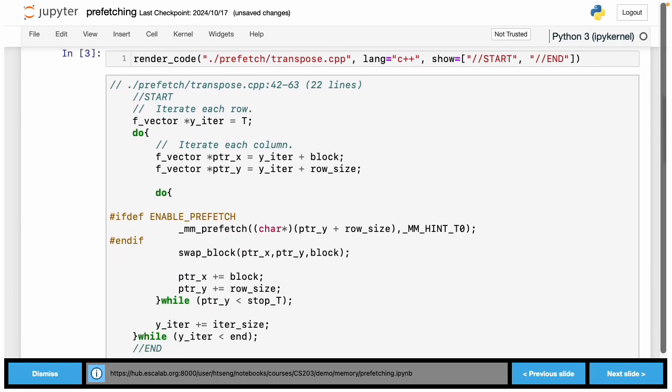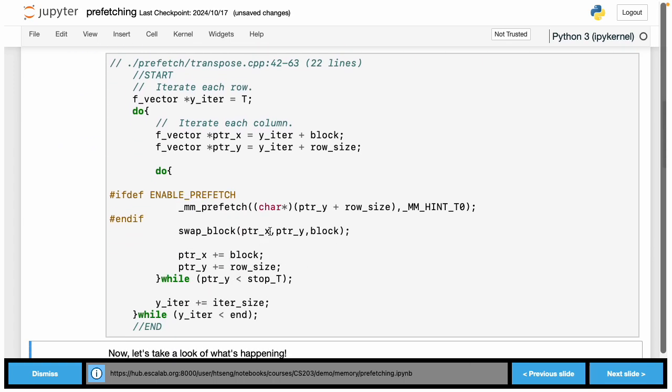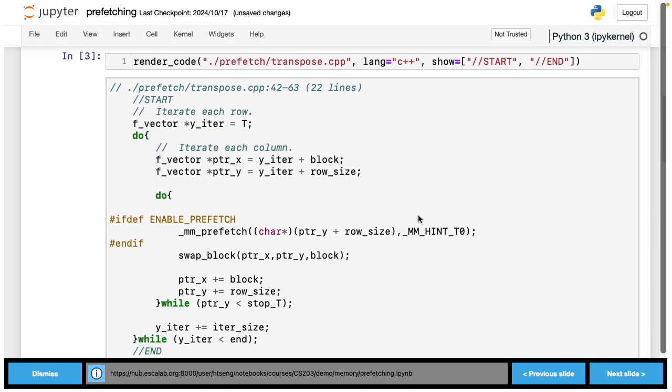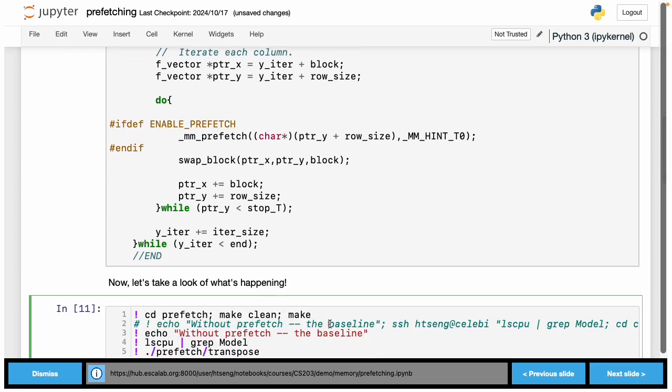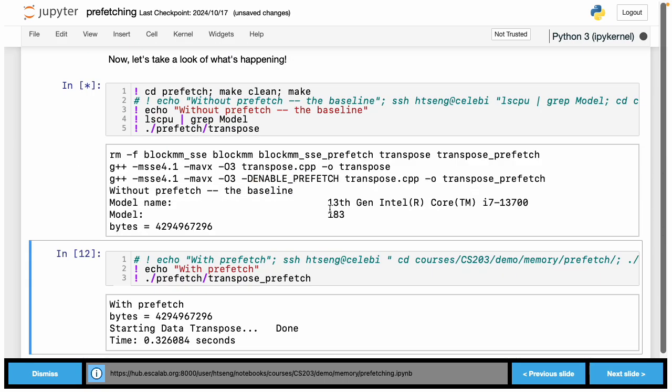So this is a highly optimized code of transposition. And here I'm adding the mm prefetch instruction by giving it a hint, which is basically an offset from the current address. Let's see how effective that is.